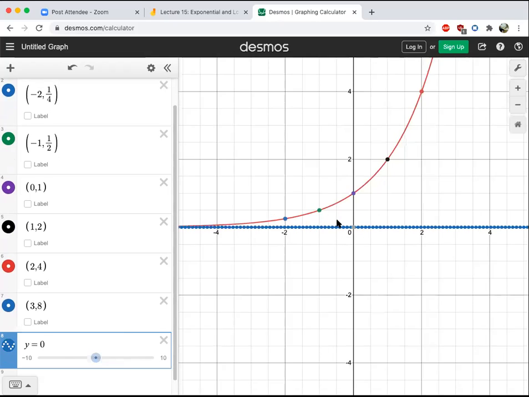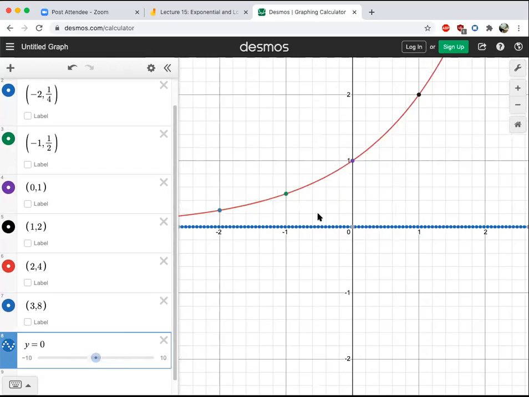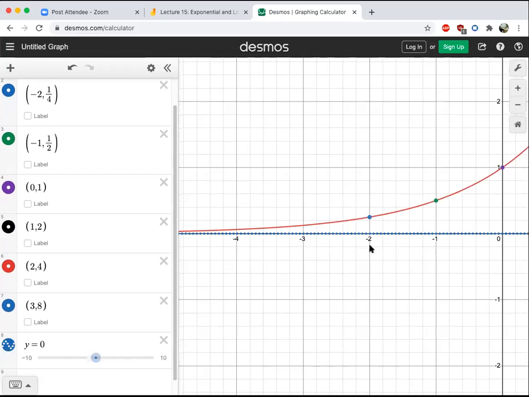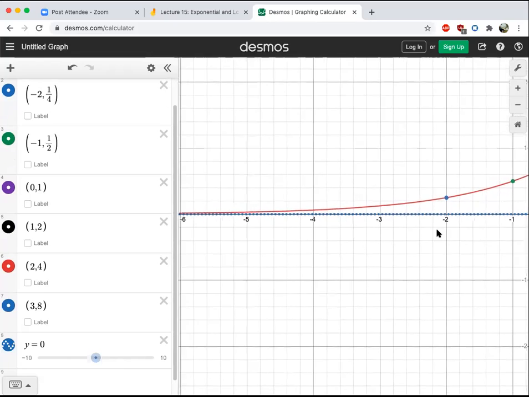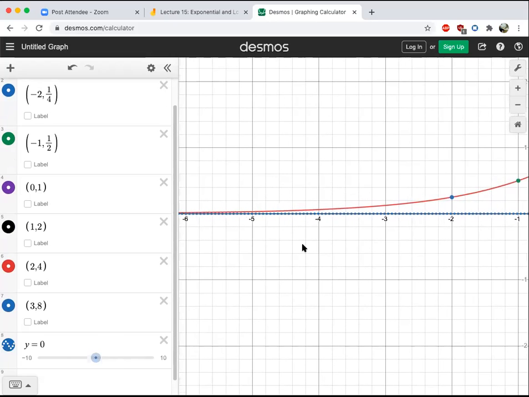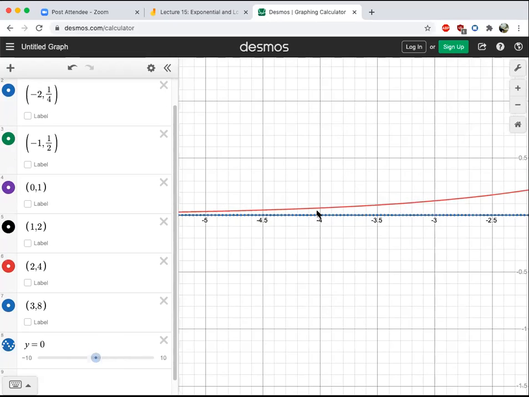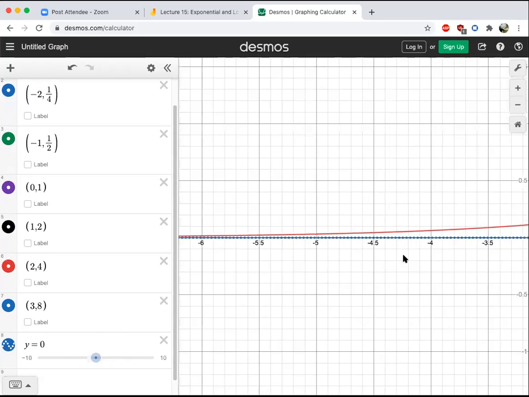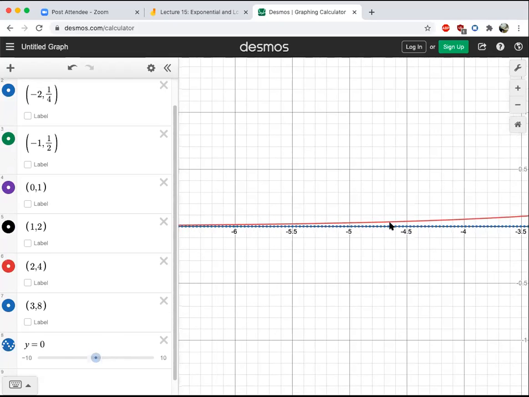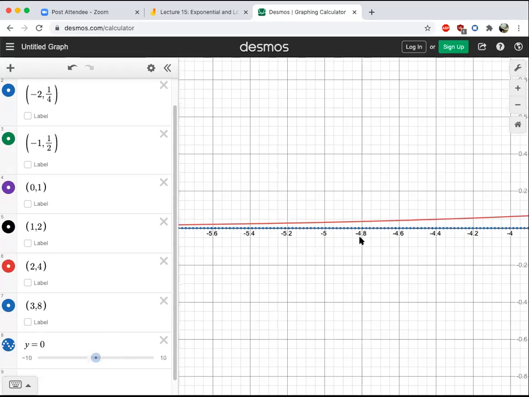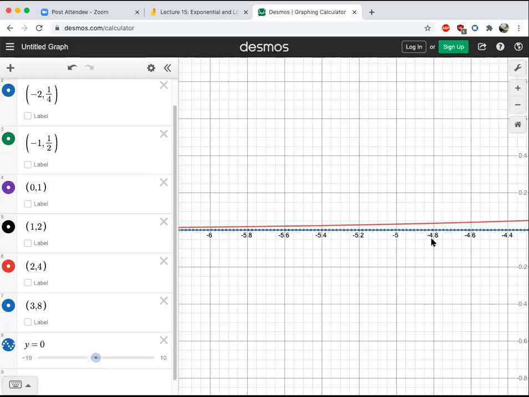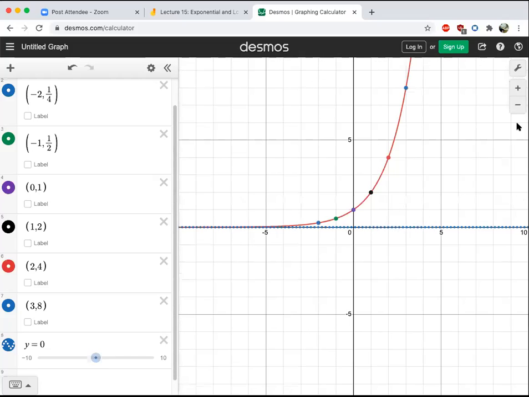Okay, so now you can see that the red function is getting closer and closer to that blue dotted line, but it never actually crosses, because you can always keep zooming in and seeing that it gets closer and closer to that asymptote, but never actually crosses. So that's why it doesn't have any x-intercepts. It does have a y-intercept though. It's right here, 0, 1.